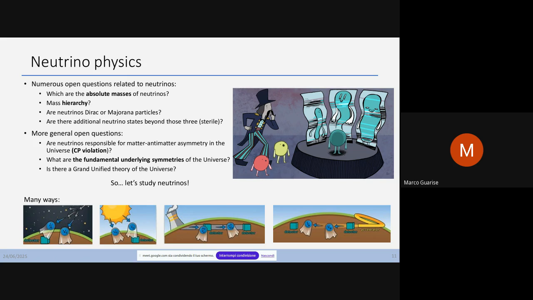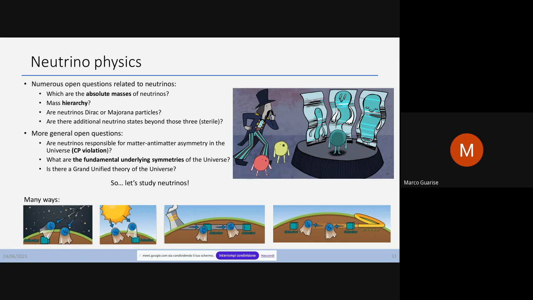Also related to neutrinos, we have more general questions. The one related to CP violation, as I said previously, but also to the fundamental symmetries of the universe, or if some grand unified theory exists. So, the point here is that it is important to study neutrinos, and there are many ways to do this.